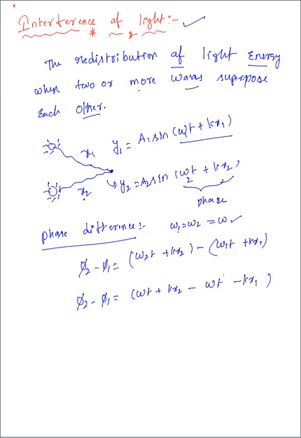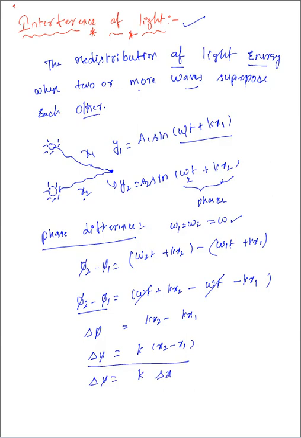The omega t terms cancel. Delta phi equals kx2 minus kx1, therefore delta phi equals k times (x2 minus x1), that is, k times delta x.